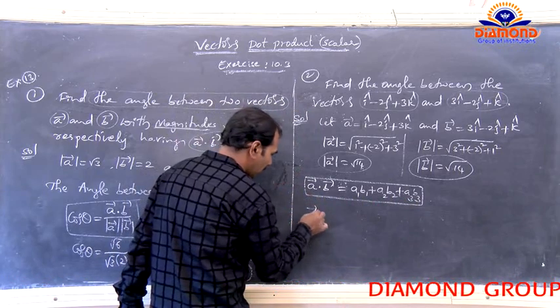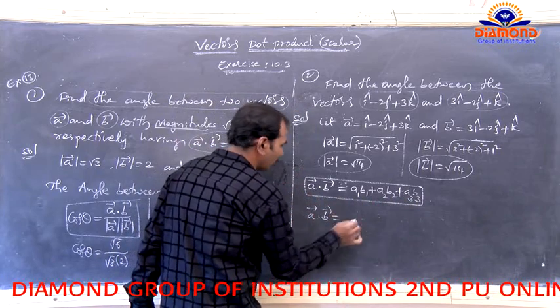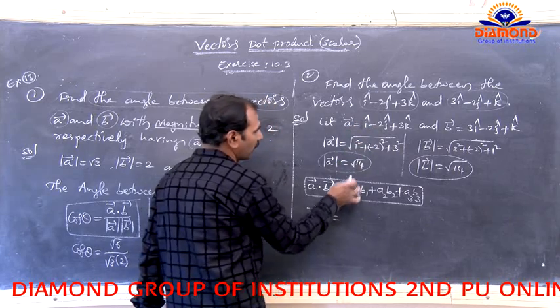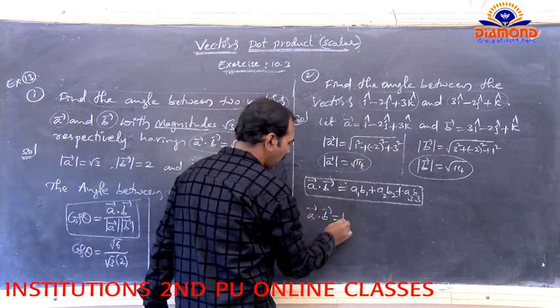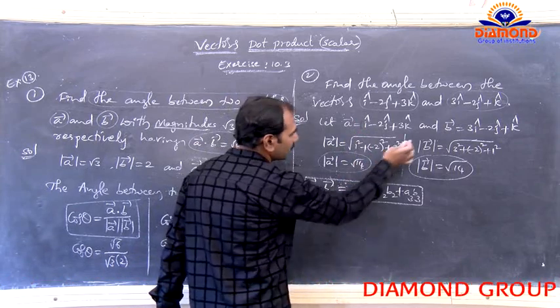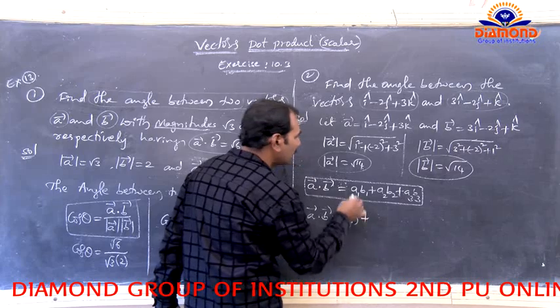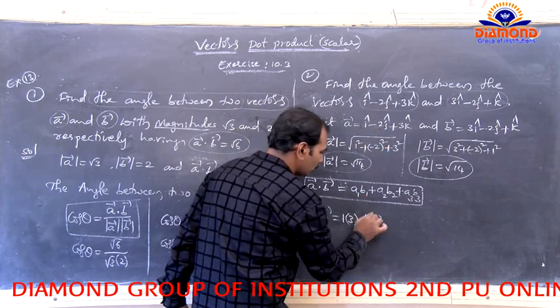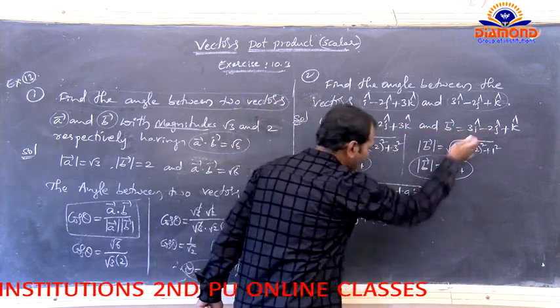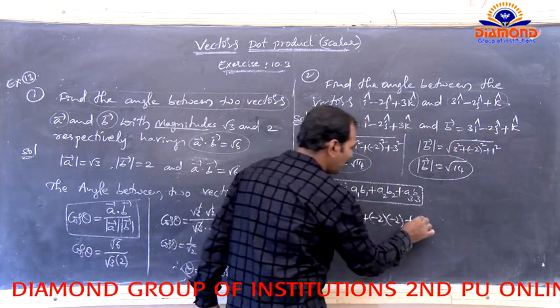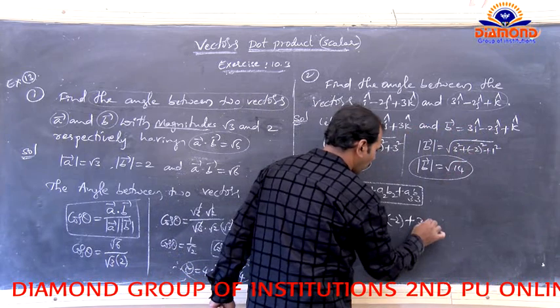Now A vector dot B vector equals, see here, the I component is 1, meaning A1, and the I component of B is 3. Next, minus 2 J component and minus 2 here also J component, plus 3 into 1.